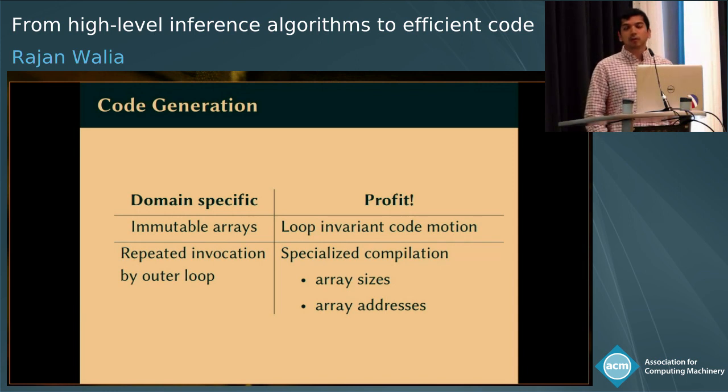And most of the Hakaru programs are used inside an outer loop, by repeated invocation on the same arrays. So we know that our array sizes are going to be the same, and we use that to specialize our compilation on the size of arrays. And when we know the size of input arrays, we also know the size of intermediate arrays, and we can pre-compile those arrays before even compilation.